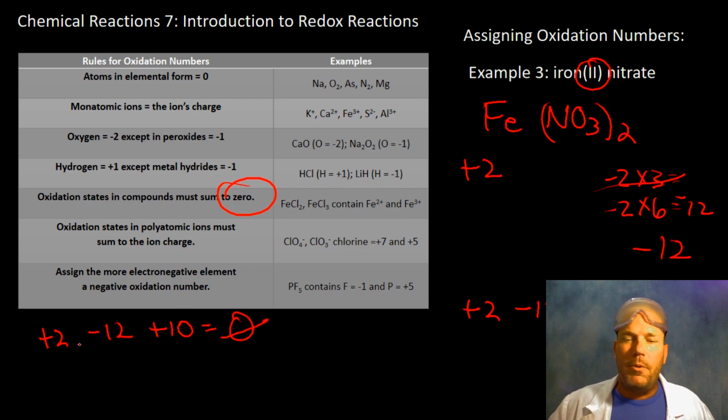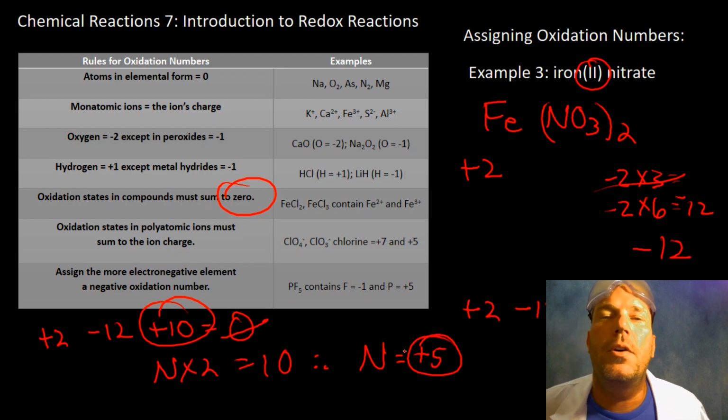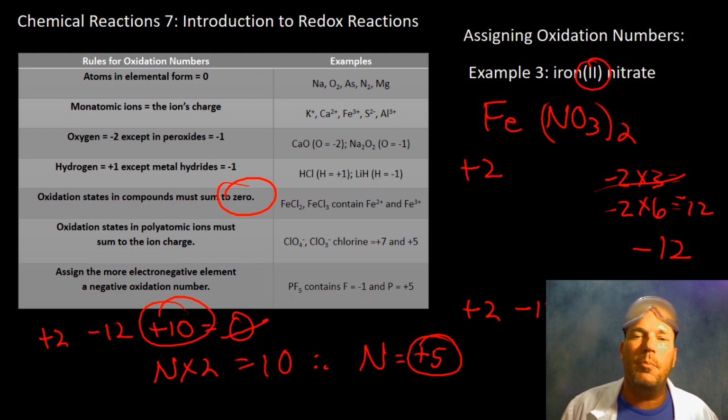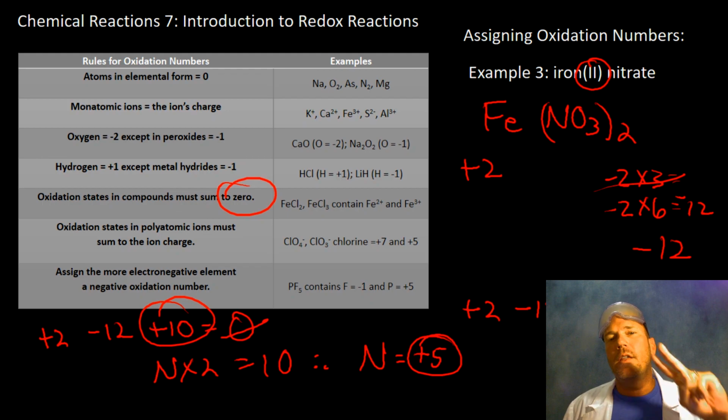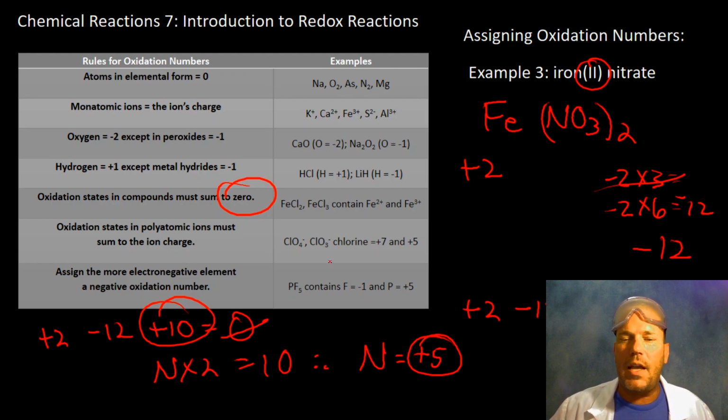So we know that each nitrogen times 2 equals 10. Therefore, the single nitrogen oxidation number is going to be +5. So a +5 is the oxidation number for each nitrogen. There's 2 of them. 2 times the +5 gives you the +10 that we need for this entire summation to equal 0.